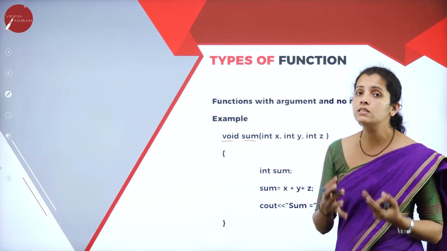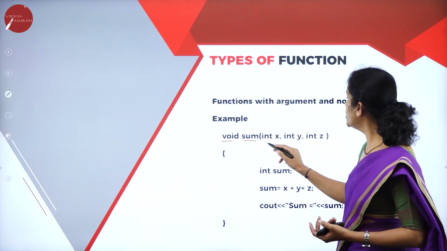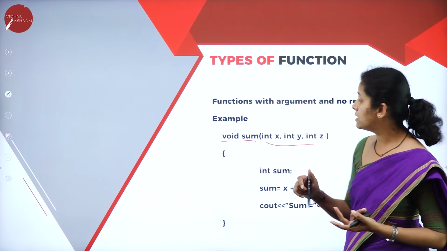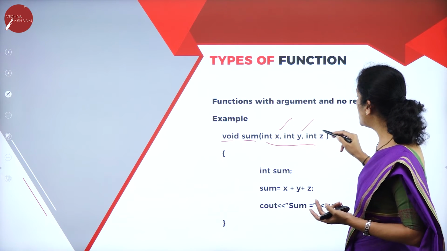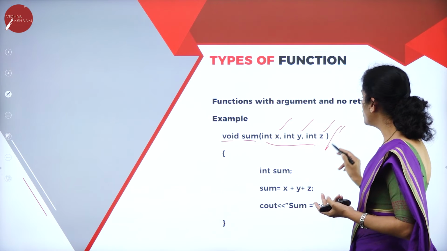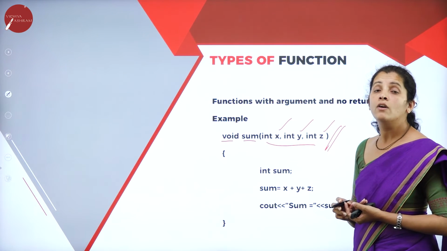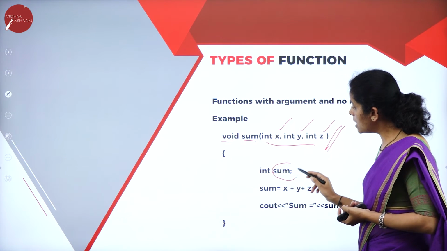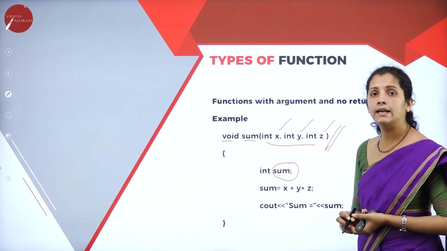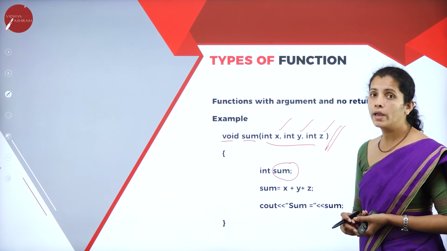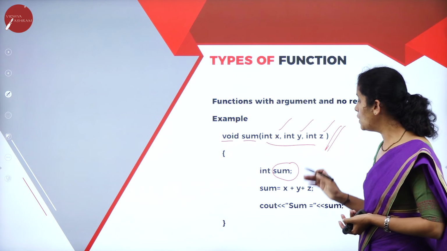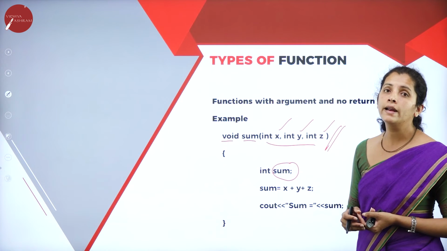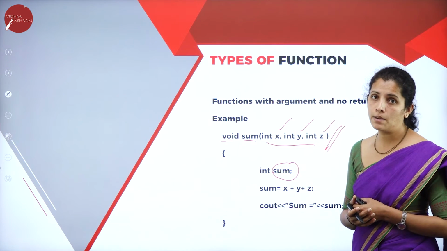That is nothing but sum, and it's going to receive 3 arguments, that is x, y and z. These arguments are called formal arguments, and the sum I'm going to have here is called a local variable. Now I want to find the summation of 3 numbers.